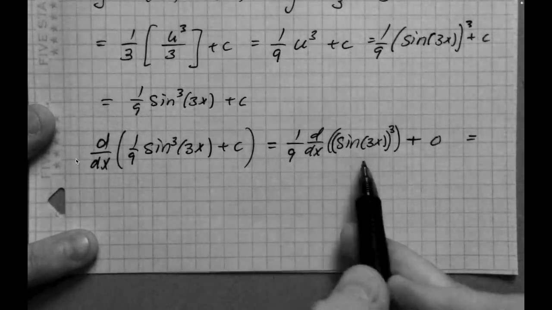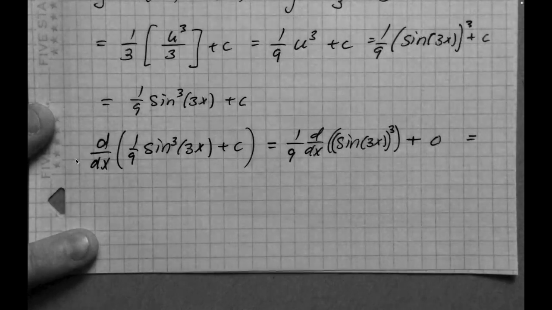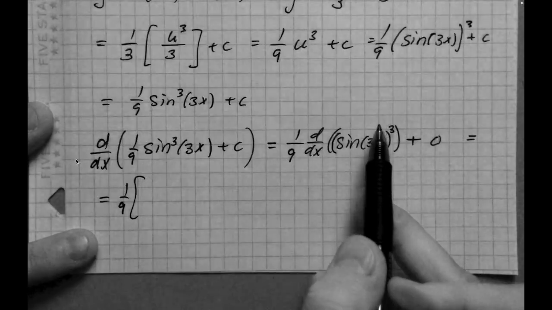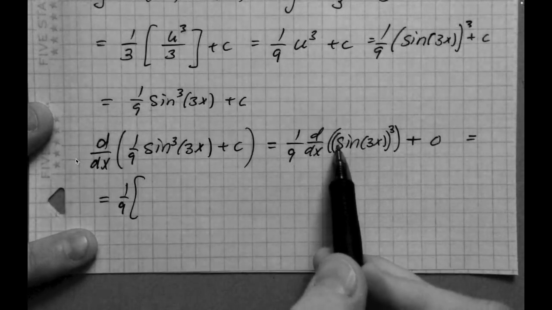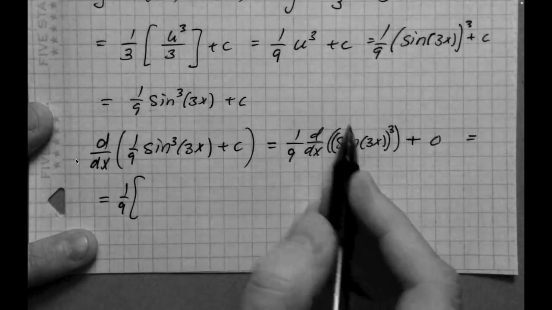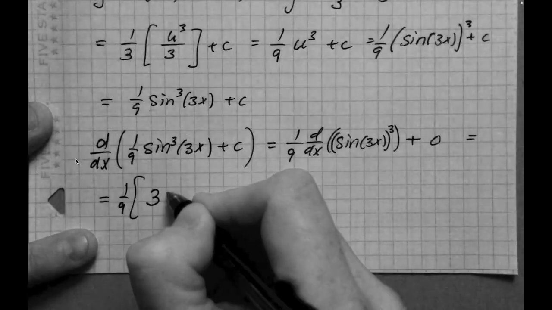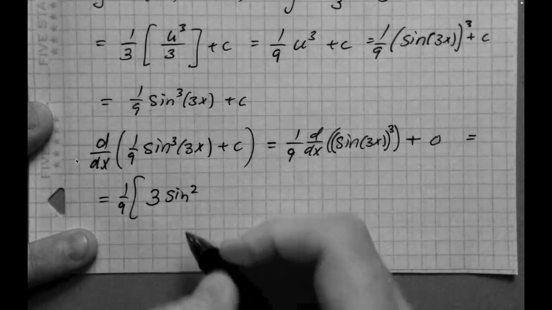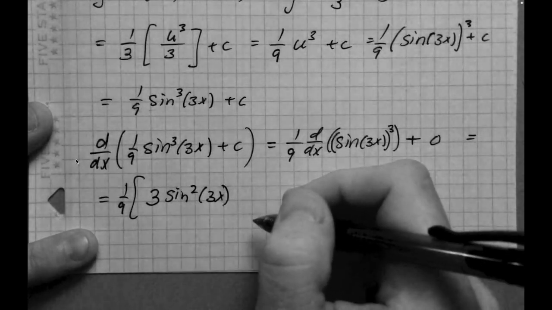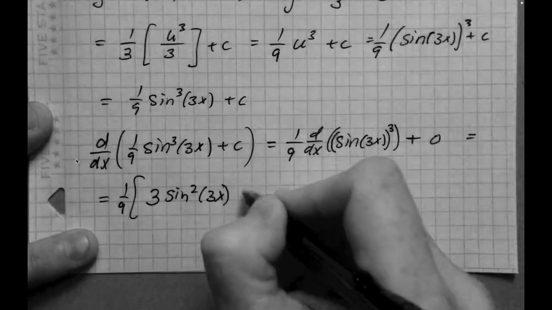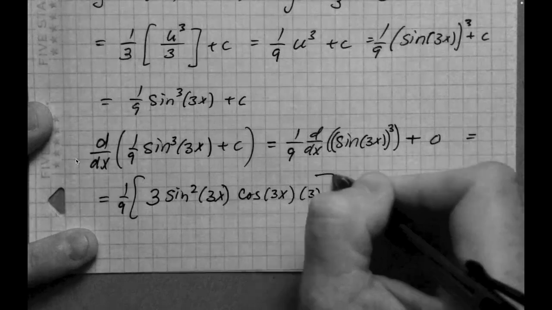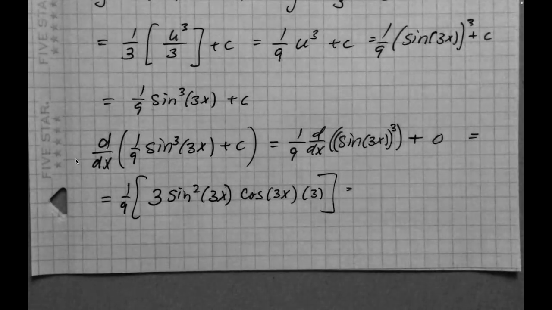So this is the chain rule inside the chain rule, right? You've got 1/9 on the outside, and then I have to differentiate the rest. When I do this, what I end up with is 3 times sine squared of 3x. Differentiate the sine of 3x, and I get cosine of 3x times 3. Now does this all sort out?